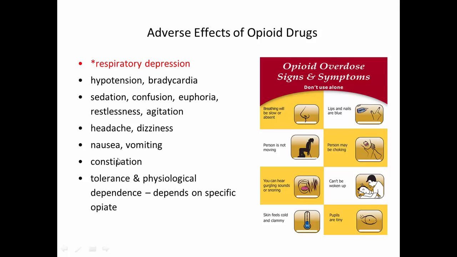We talked about constipation, and all opioid drugs have potential for tolerance and physiological dependence. To what extent, that really depends on the specific type of opiate drug that acts on a particular type of receptor. So not all opioid drugs have a similar risk for dependence, but all of them have some risk.